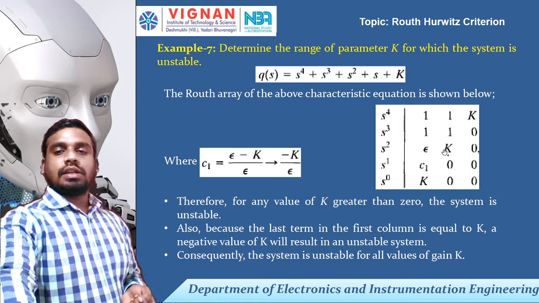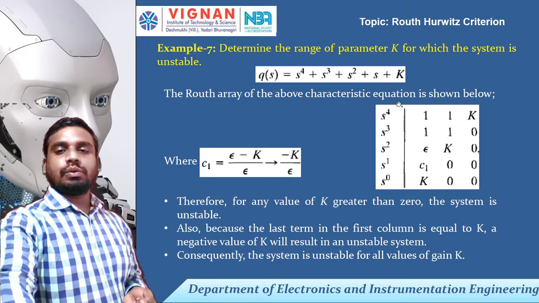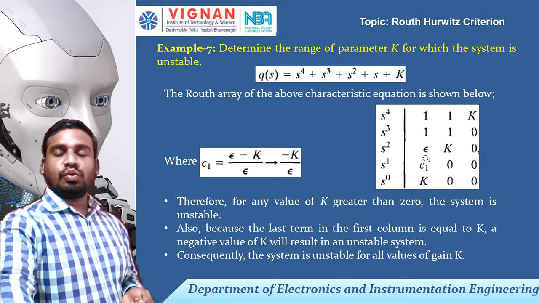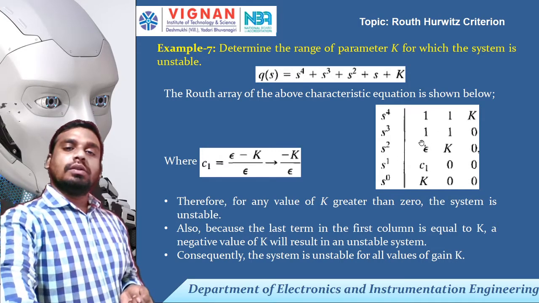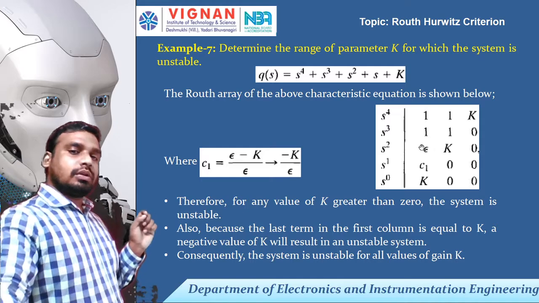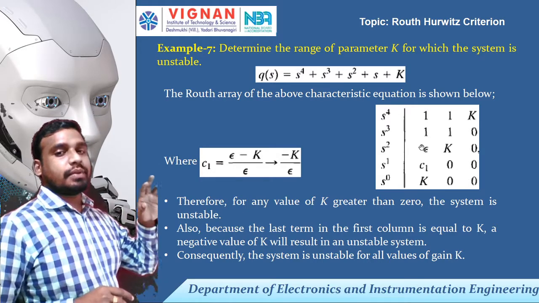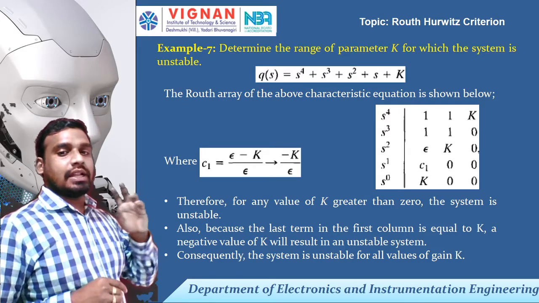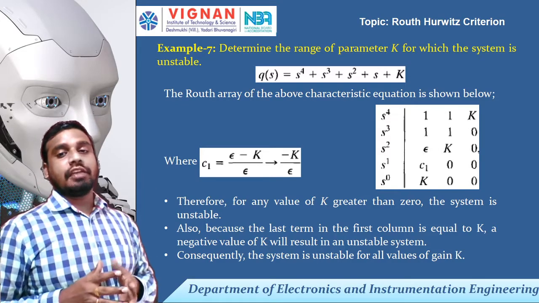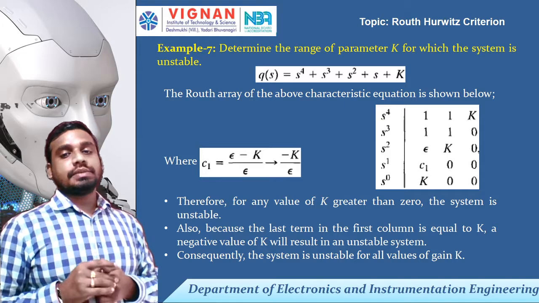Then for k, 1 into k minus 0 into 1, that is k. So you got epsilon here. What should the k value be for the system to be unstable?